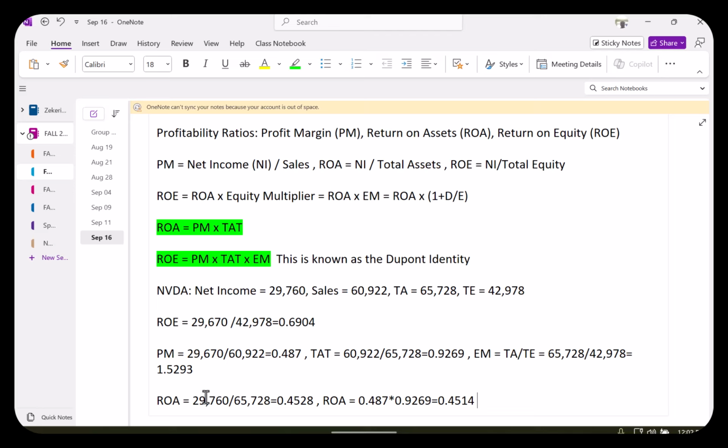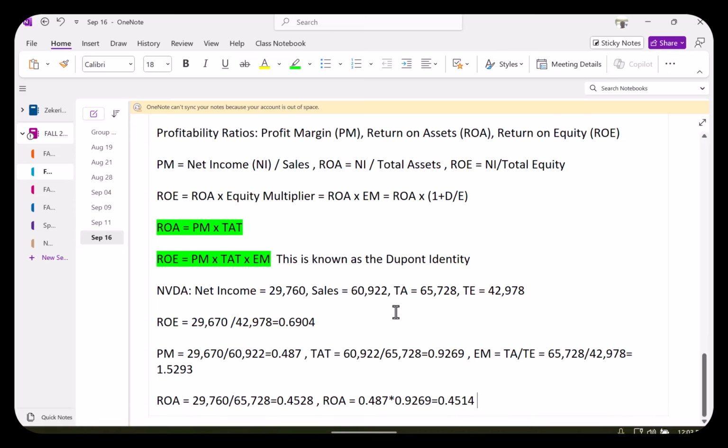So 65 over 42 is what, 1.5 something. But let's take out 40: 25 over 2.5, 25,000 over 2,500. That's going to be over 10.